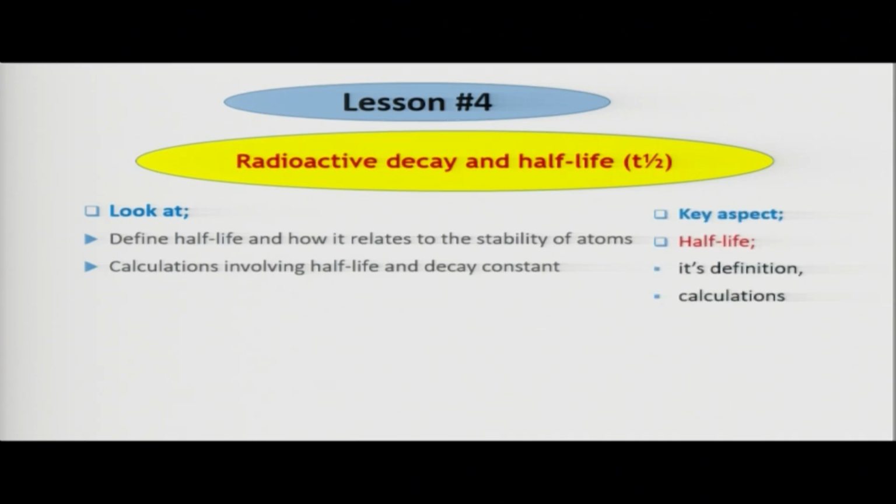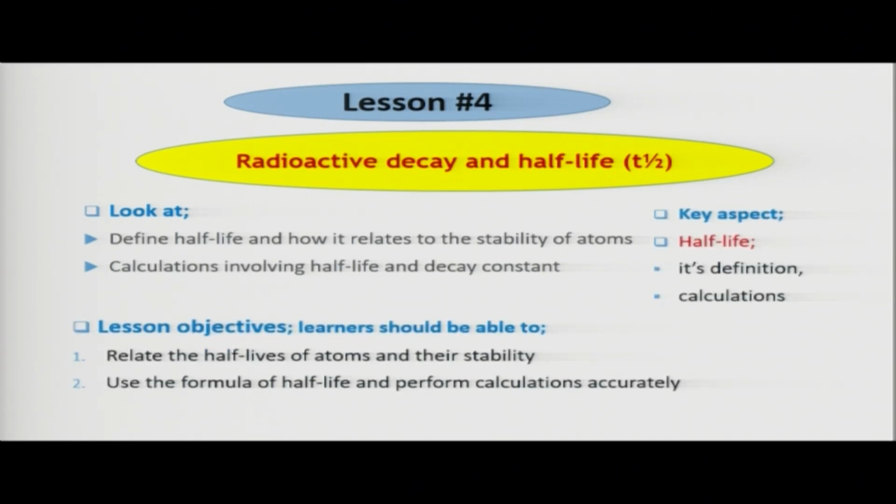Our objectives, and of course the key aspect you should not miss in this lesson, is the definition of half-life and how to use half-life to perform calculations. So we have two objectives we are to work on. One is we are to relate the half-lives of atoms and their stability.